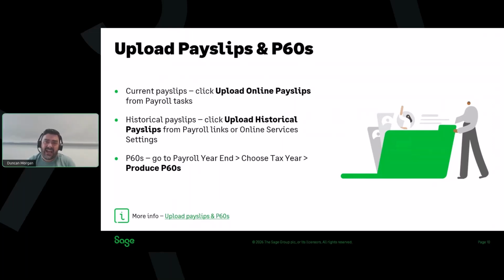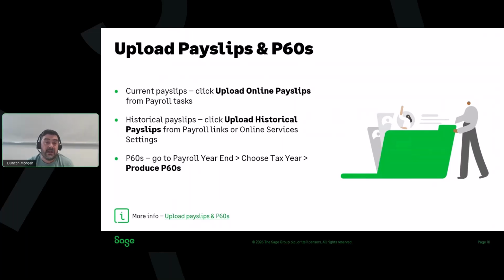So you would have a Sage account that you use on our website, which will be your email address and a password. If you've got an existing Sage account, you could use that to set up online payslips. We would recommend using a generic style email address as your main HR admin user, rather than a personal email address or your own individual email address, as that way, if you change roles or move on from the company, it makes it a bit easier to pass that log on to someone else.